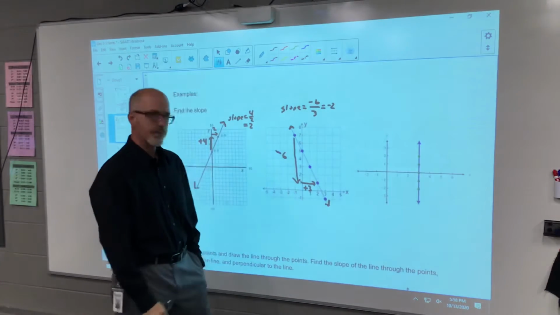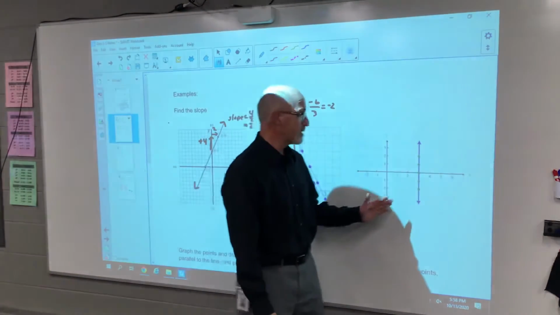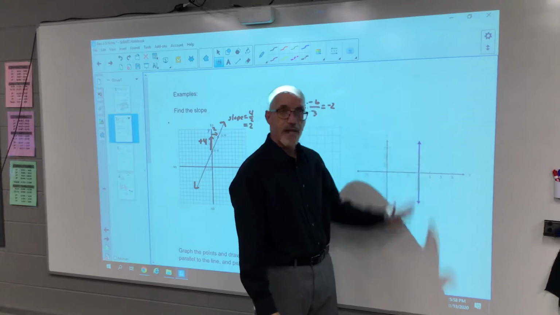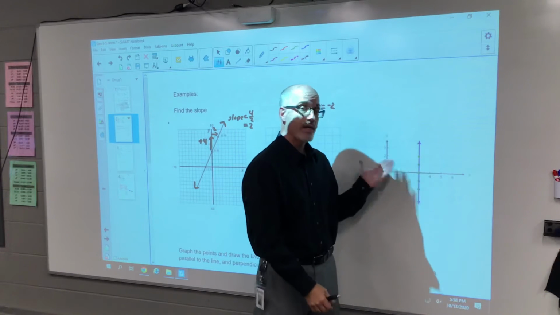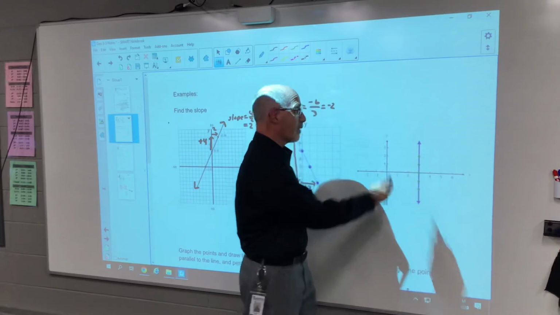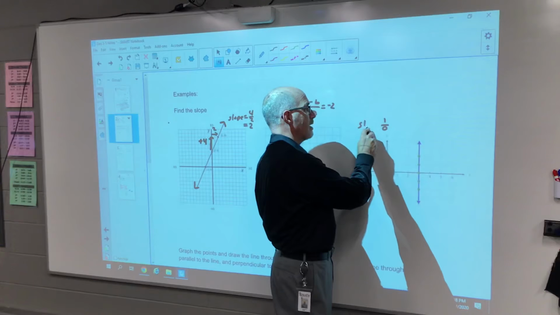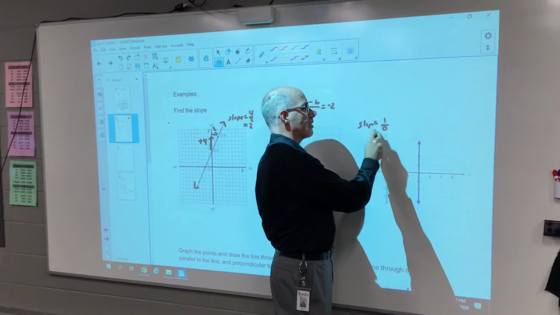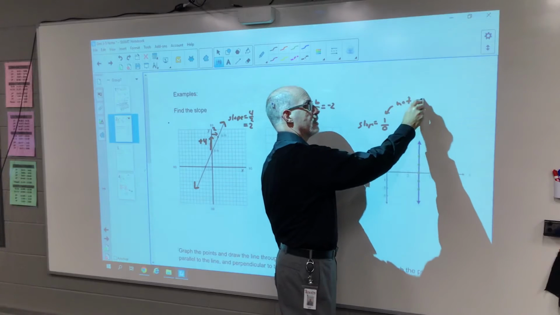And then this last one, this is a vertical line. Notice that there is only rise to this one. If I go from this point up to that point, I rise 1, I don't run anywhere. That would be rise over run would be 1 over 0. You're not allowed to have 0 in the denominator. Not allowed.